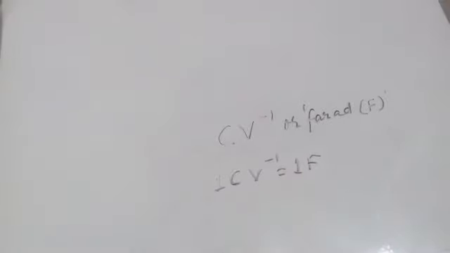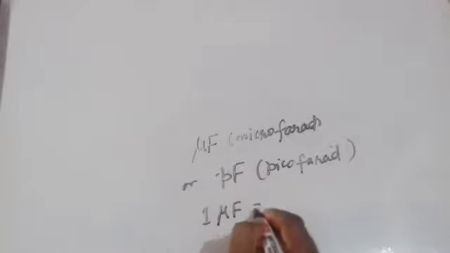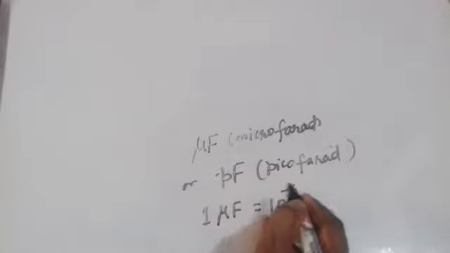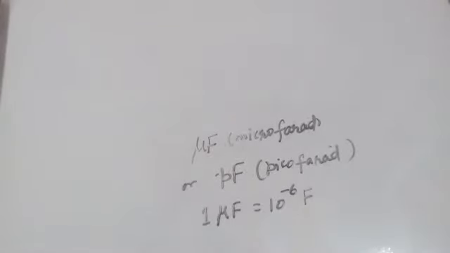Usually farad is a very large unit, hence the unit used for the capacitance of a capacitor is either microfarad or picofarad, where 1 microfarad, as you already learned, micro is a prefix meaning 10 to the power minus 6, and 1 picofarad is equal to 10 to the power minus 12 farad.